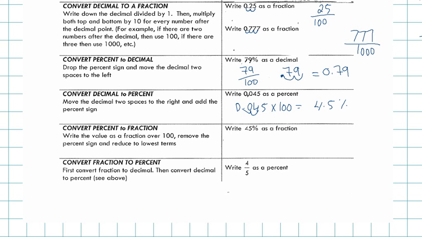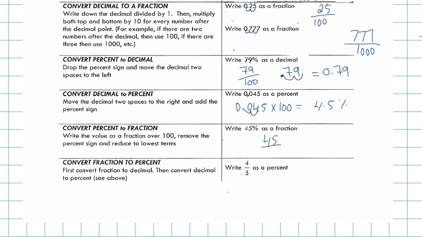Are you guys okay with this? Okay. How do you write 45% as a fraction? 45 over 100. Simple. Okay. Done. That's a fraction. Right?